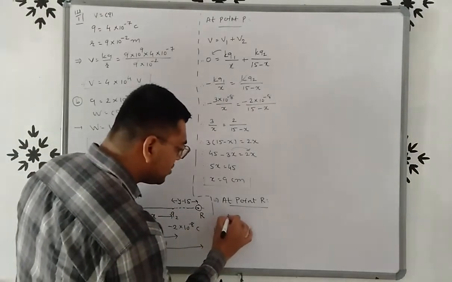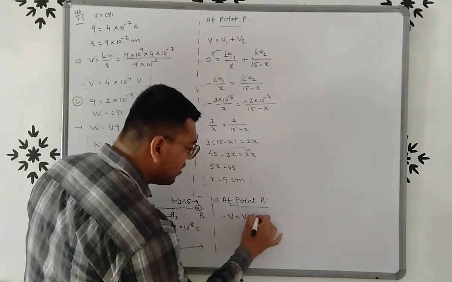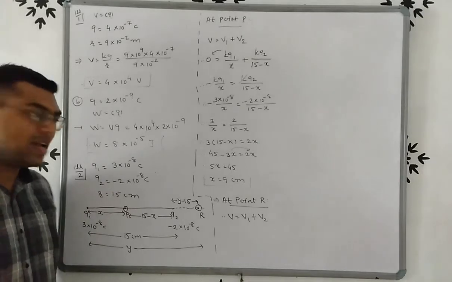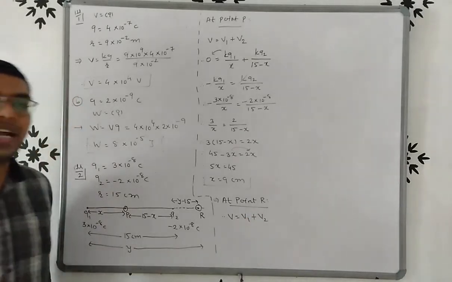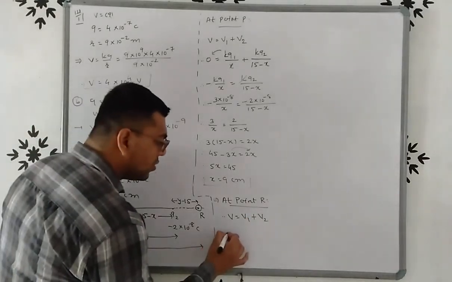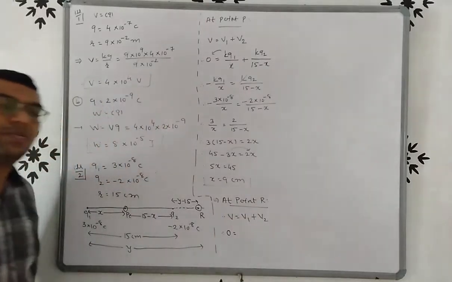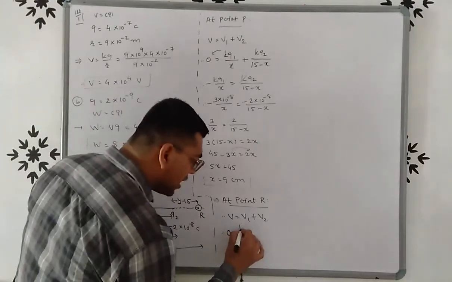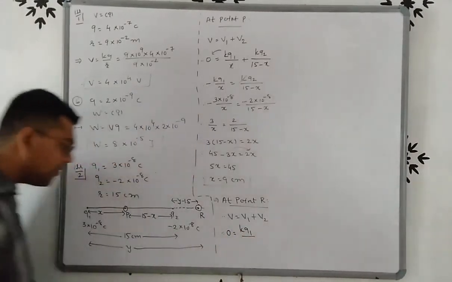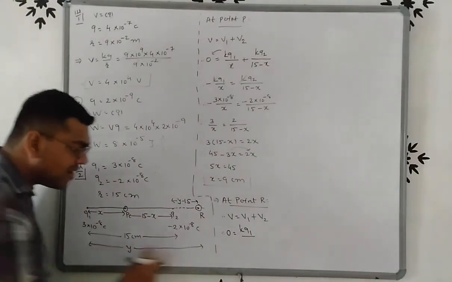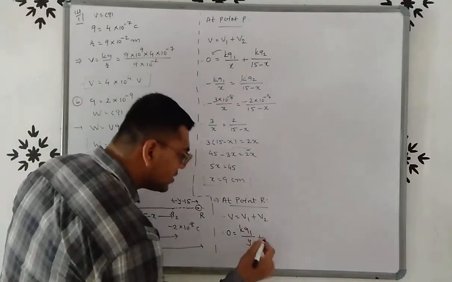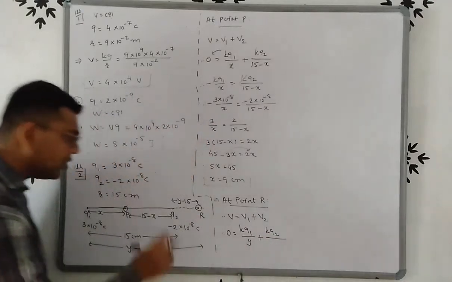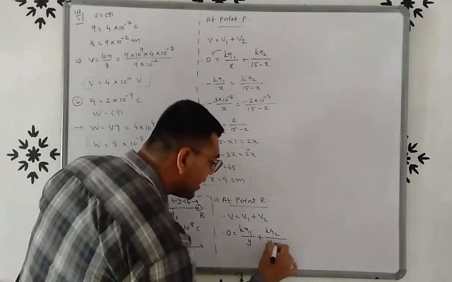So here total potential at R is due to charge Q1 and charge Q2. So once again friends, total potential V is equal to V1 plus V2, where V1 is the potential due to charge Q1 and V2 potential due to charge Q2. Here total potential given 0. V1 potential due to charge Q1, so KQ1 upon distance between Q1 to R, that is y, plus V2, that is KQ2 upon distance between Q2 to R, that is y minus 15.